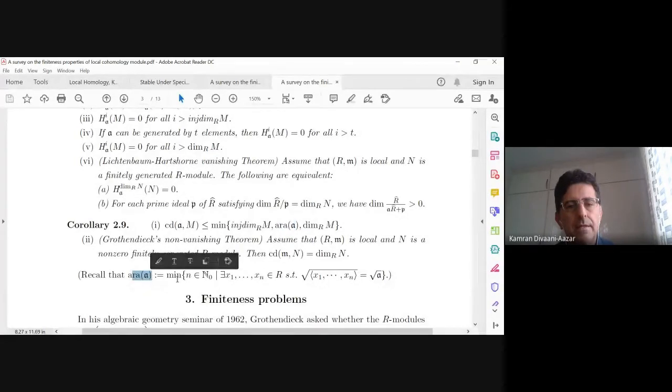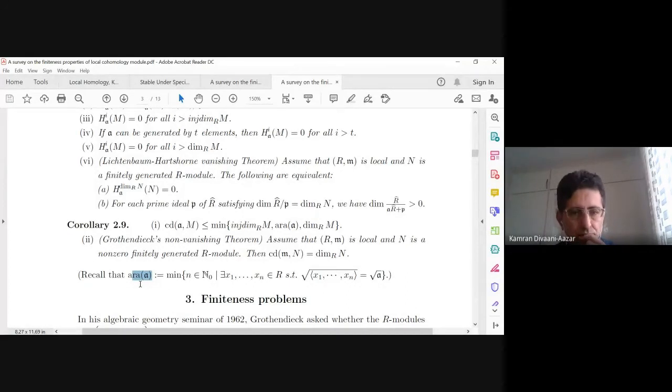Arithmetical rank of A is the minimum of non-negative integers n such that the radical of A is equal to the radical of the ideal that n elements x1 up to xn in R can generate.